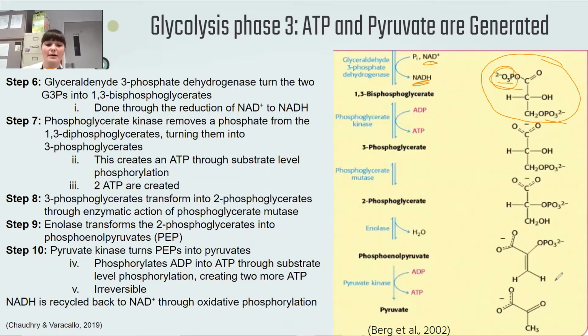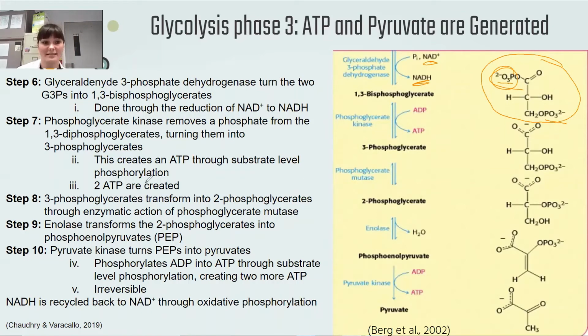From now until the end, it's going to be 2 total molecules going through this process as I describe it, which is why everything is plural over here. So just keep in mind that there's 2 3-carbon molecules present per molecule of glucose that started this glycolysis process.